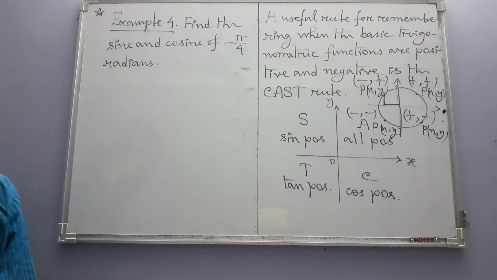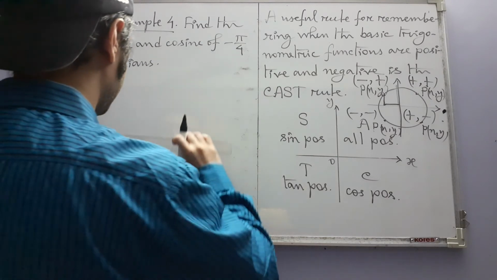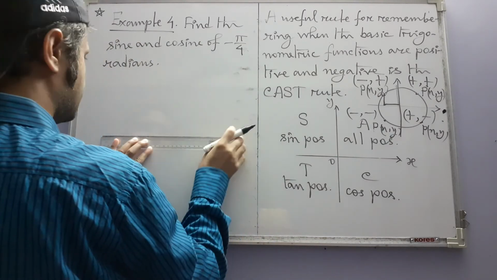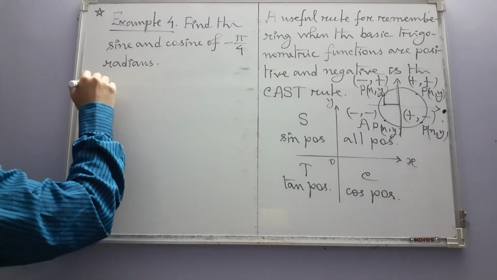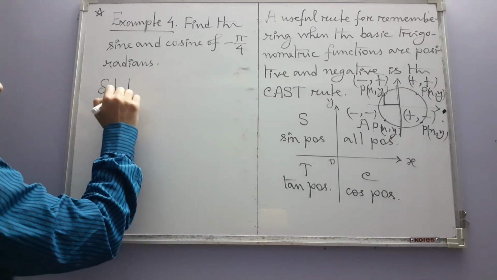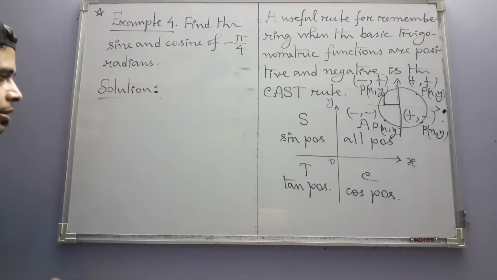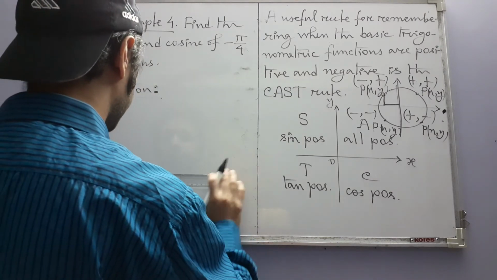So instead, let us just simply draw the figure and see what the reference triangle side lengths are. This is just your solution. There is step 1. We know what we are doing in step 1.